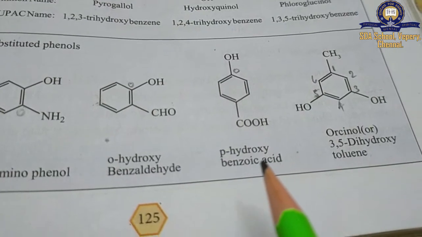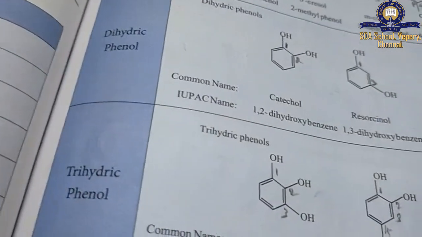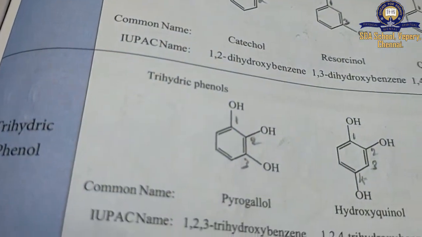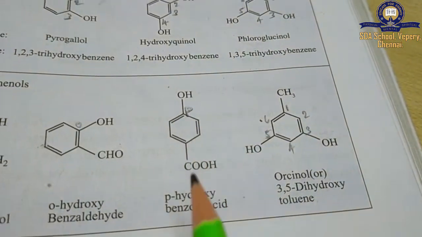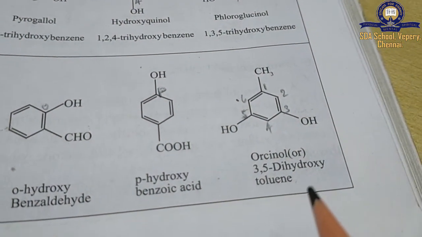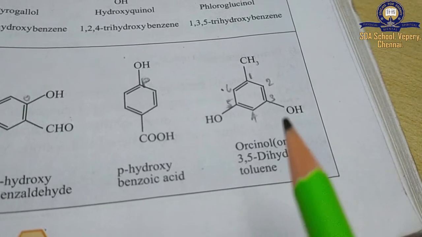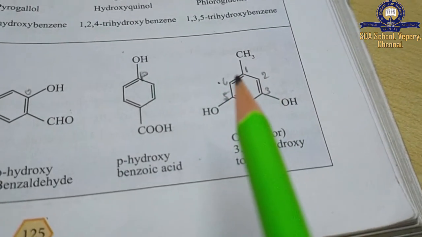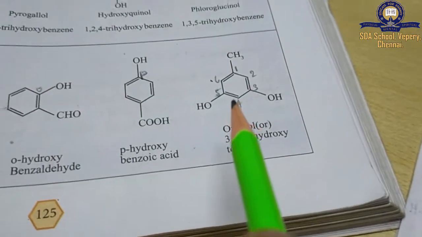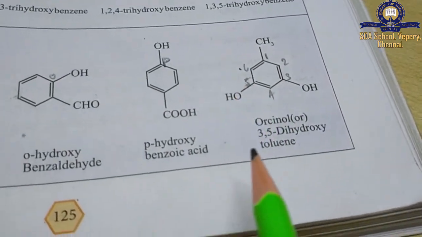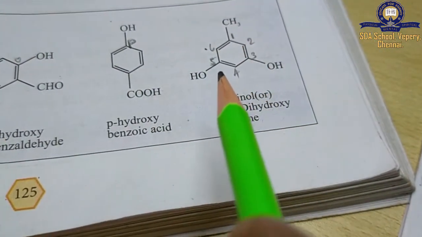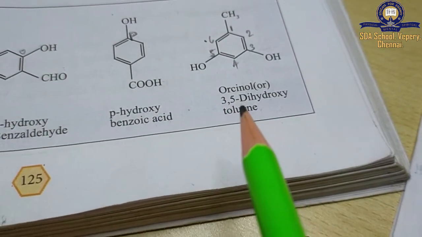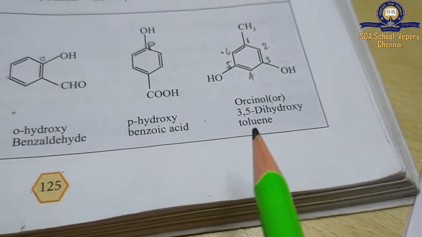So para-hydroxybenzoic acid. The last one, orcinol, has 2 hydroxyl groups and 1 methyl group present. Here the methyl group position is considered as the first one. So 1, 2, 3, 4, 5 and 6. So 3,5-dihydroxytoluene.